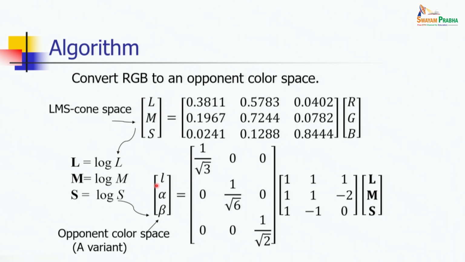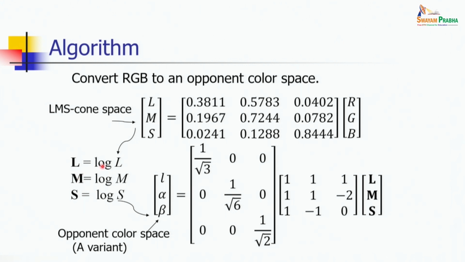In the separated domain, we consider the distributions of every component, and based on those distributions, we do scaling of values. Let me explain with this operation. First we convert it into an LMS cone space. As you can see, it's a linear operation, and LMS stands for, once again, long, medium, and small wavelength components.